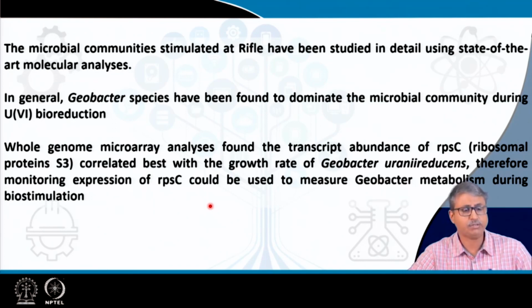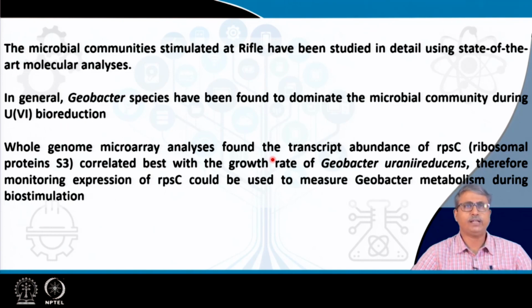All these things were implemented. In general, Geobacter species were found to dominate the microbial community during this iron bioreduction, and many of these members, later identified as Geobacter uraniireducens, were found to have specific mechanisms through which they are able to reduce uranium.